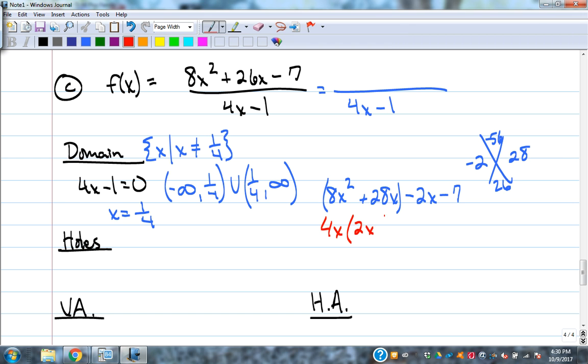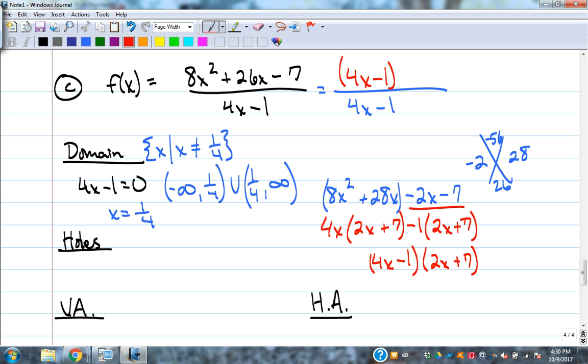So that's going to leave 2x plus 7. Those two, only thing they have in common is a minus sign. So I'm going to pull out a negative 1. And that leaves me the right thing in parentheses. And there's 4x minus 1, 2x plus 7. That's the factored form.